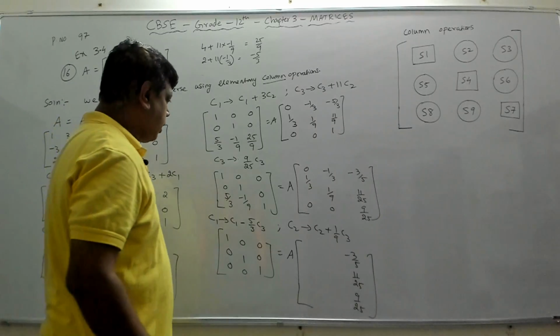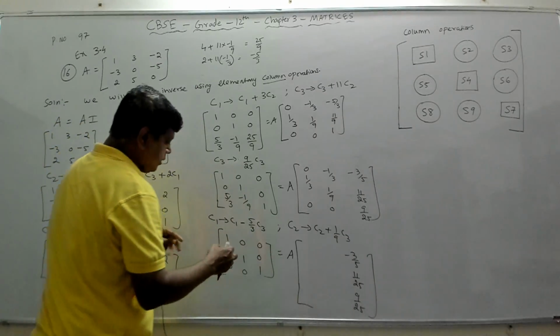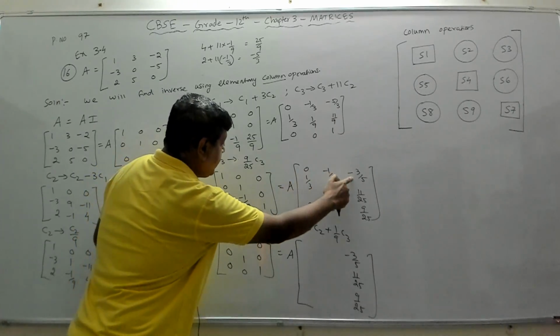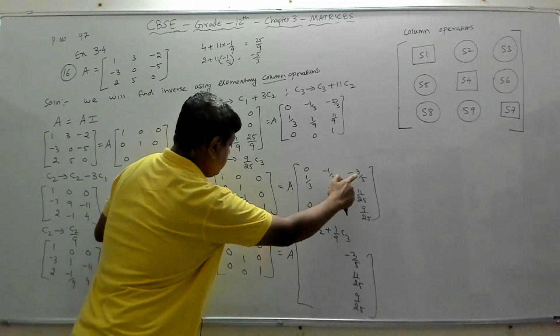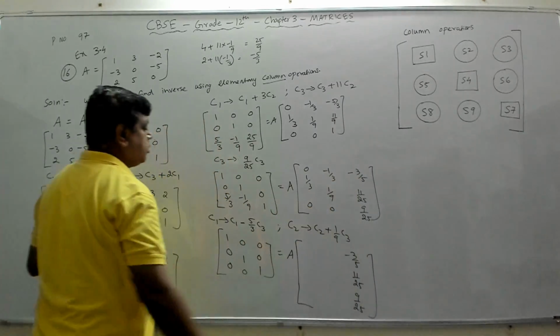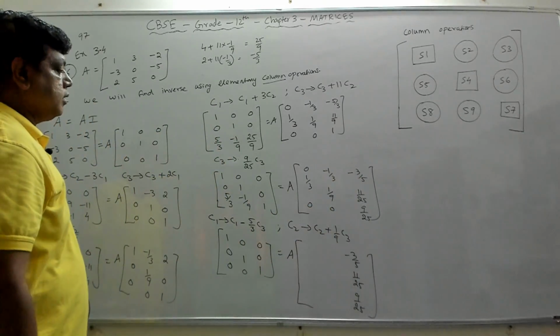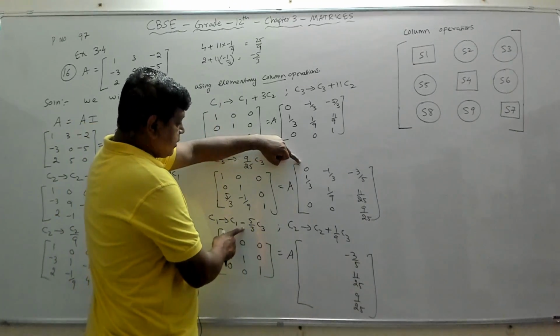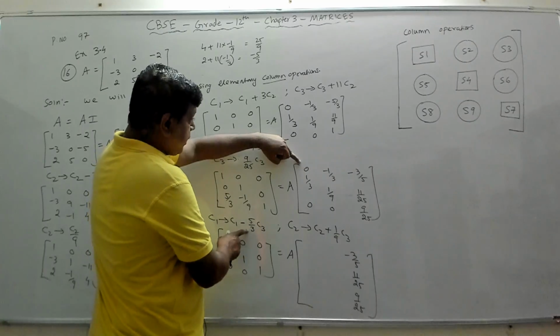Fine. So what is our C1 now? C1 is 0 minus 5 by 3 times 3 by 5.